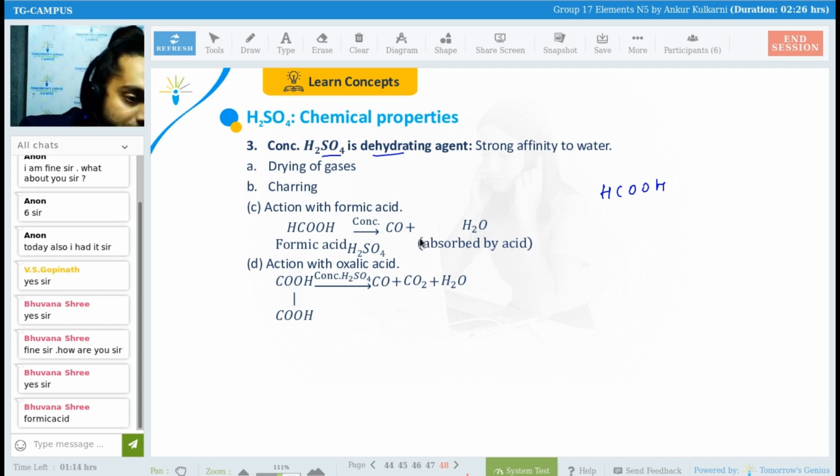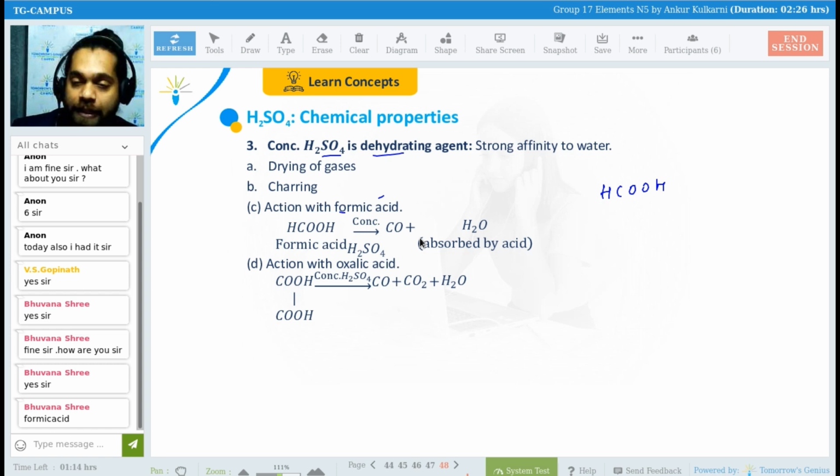Bhuvaneshwari already told you formic acid is a common name, not an IUPAC name.